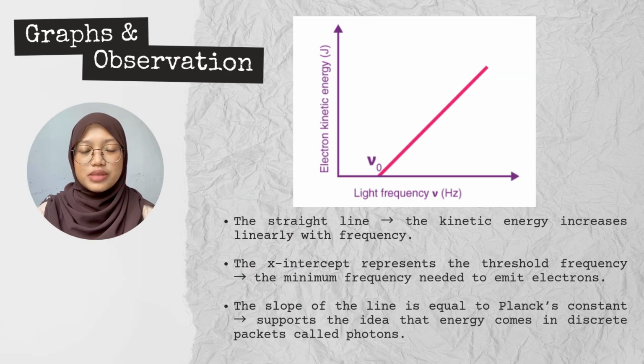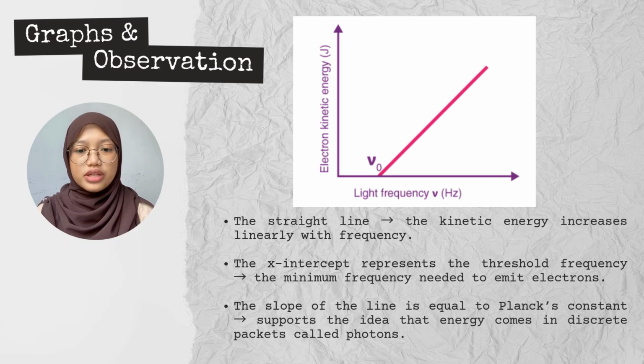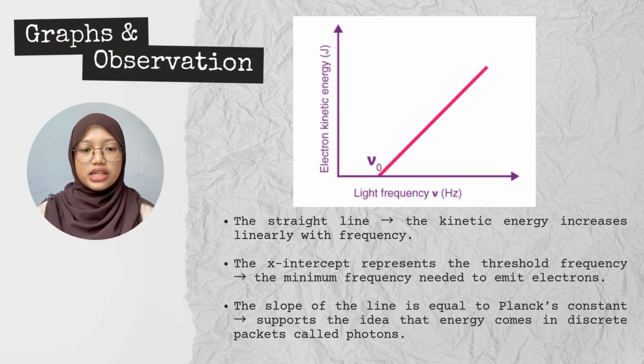Let's look at the experimental graph. This is the graph of kinetic energy of electrons against the frequency of the incident light. The straight line shows that kinetic energy increases linearly with frequency. The x-intercept represents the threshold frequency, which is the minimum frequency needed to emit electrons, and the slope of the line is equal to Planck's constant, which supports the idea that energy comes in discrete packets called photons.